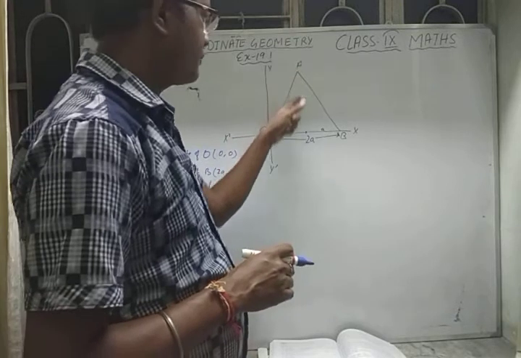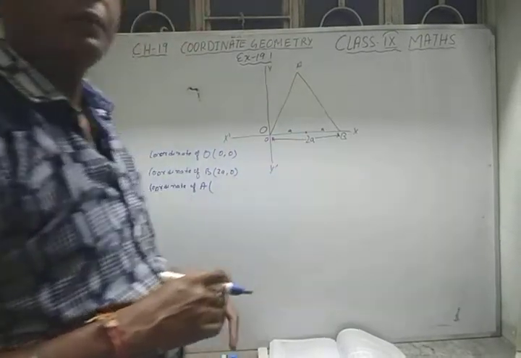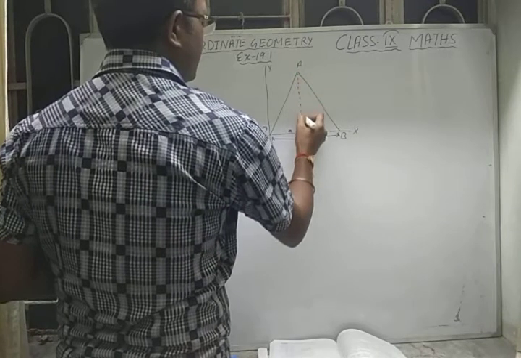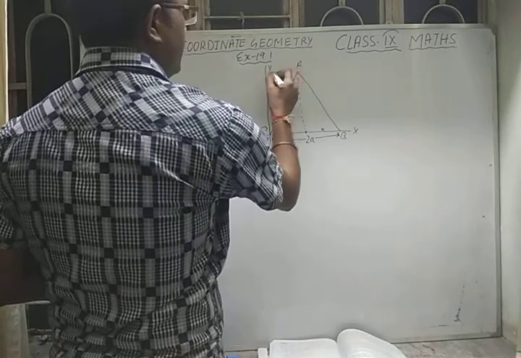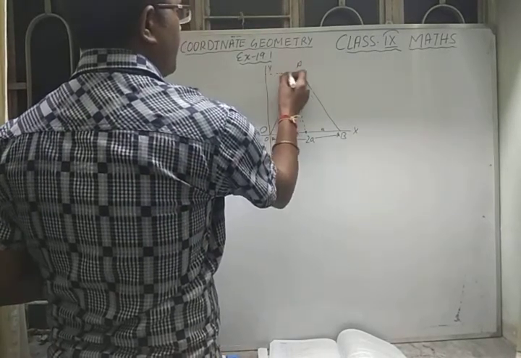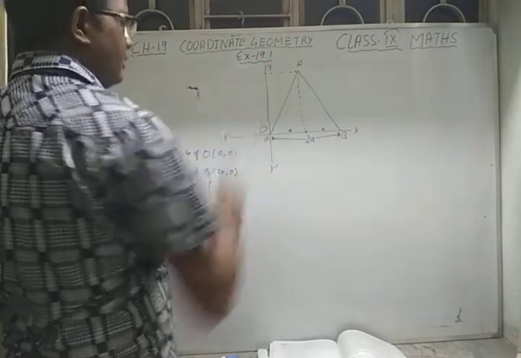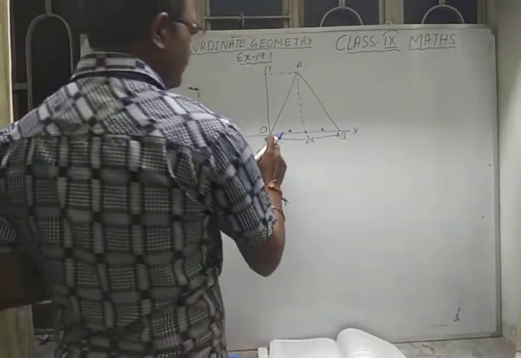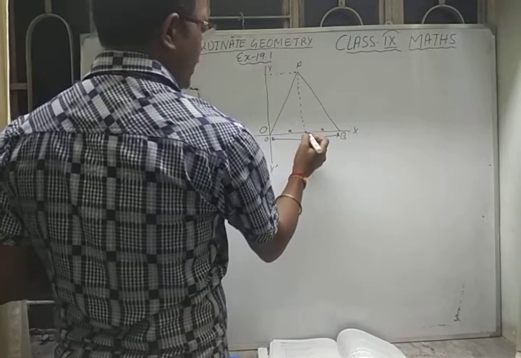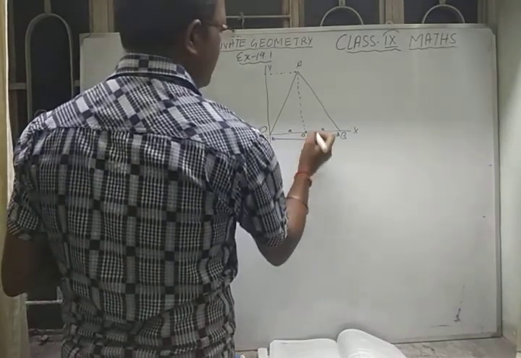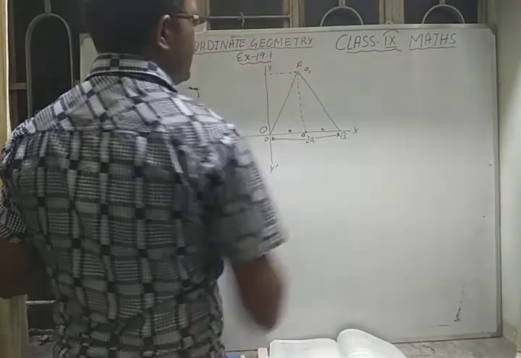So you have to first find the height. Then you can get this perpendicular line from here, and this total height will be the coordinate of A somewhere. And from this O to A, this point is also a. So the first coordinate of A is a.